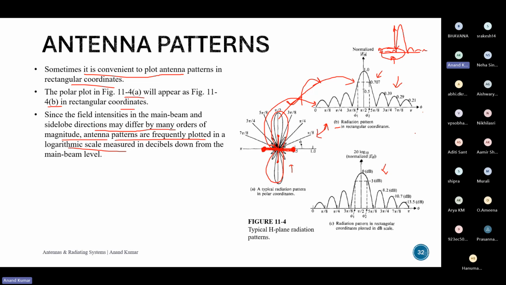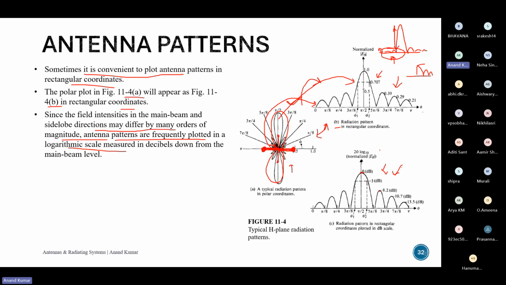So this solves the problem because this particular plot would convert to something like this. This is 0 dB, this is minus 3 dB over here, this is minus 8.2 dB. So it solves the problem of very highly varying magnitudes.